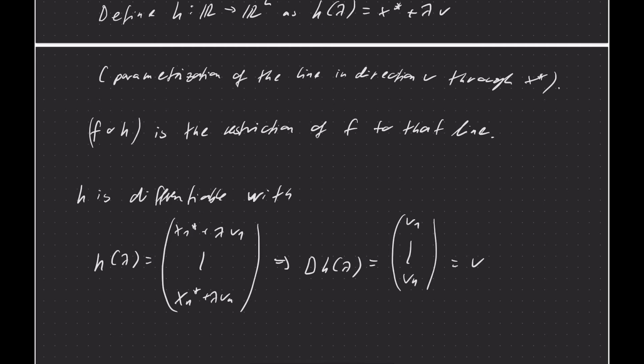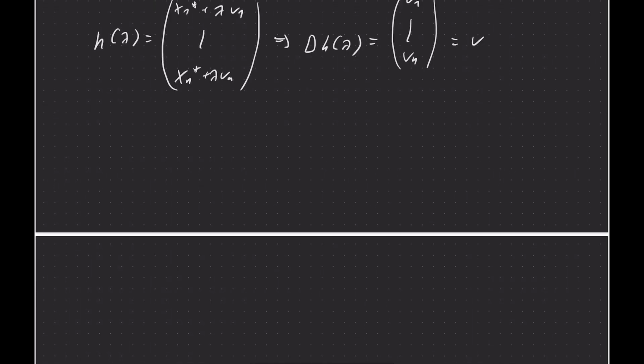Now what does that mean for the differential of f after h at lambda? Well, that is the differential of f evaluated at h of lambda times the differential of h at lambda.